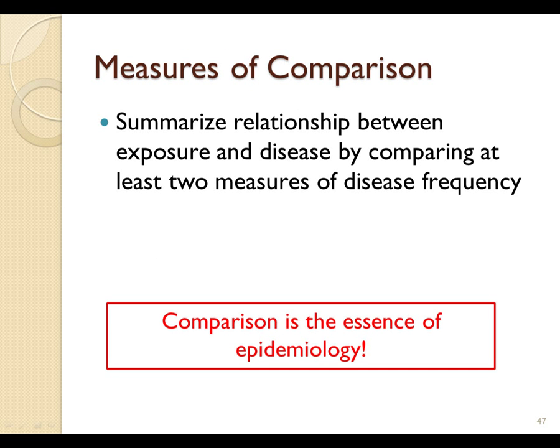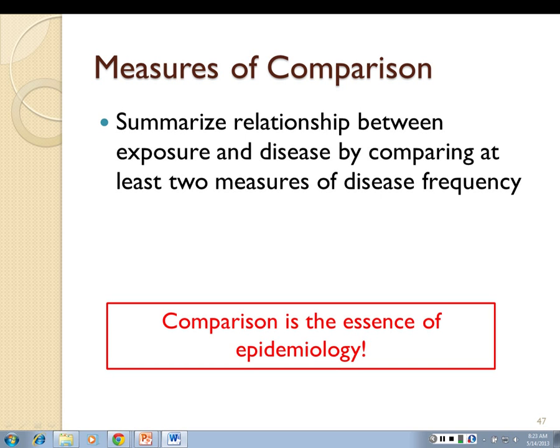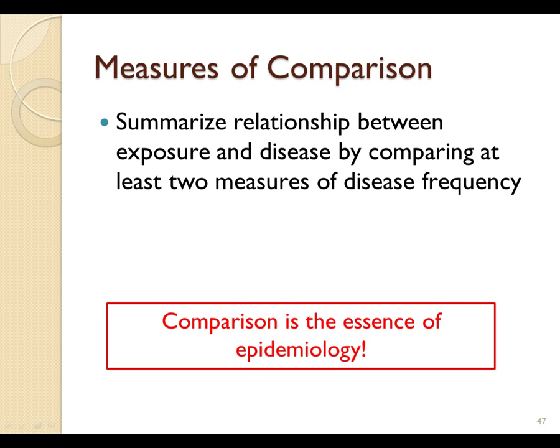So let's talk about measures of comparison. The overall rate of disease in an exposed group says nothing about whether the exposure is a risk factor or a cause of disease. This can only be evaluated by comparing disease occurrence in an exposed group to another group that is usually not exposed. The latter group is usually called the comparison or the reference group.